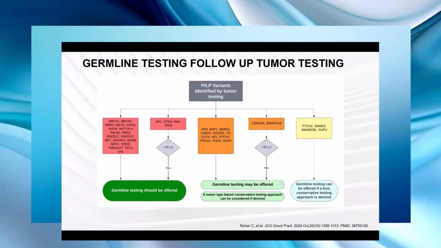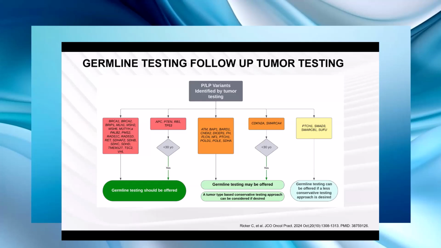box on the left. So BRCA1, BRCA2, etc. And if those patients were diagnosed at an age less than 30, they can also consider testing APC, PTEN, etc. The intermediate permissive group, depending on the patient's tolerance and desire for more information, can consider germline testing if a pathogenic or likely pathogenic variant is identified in those genes in the orange box.